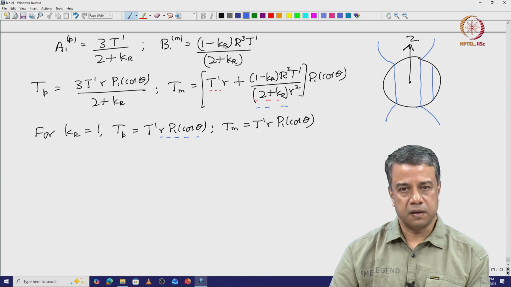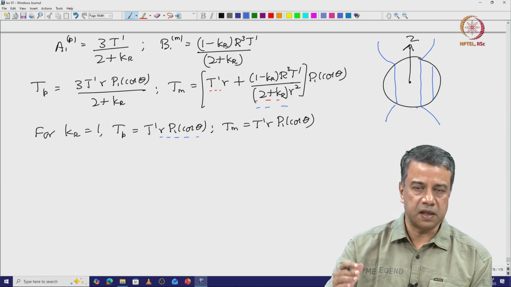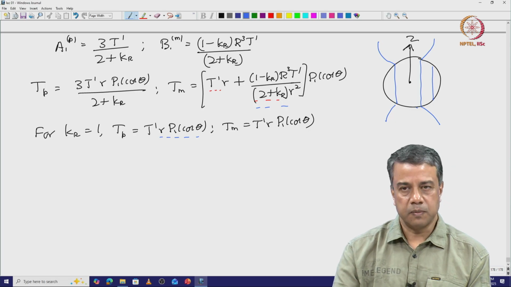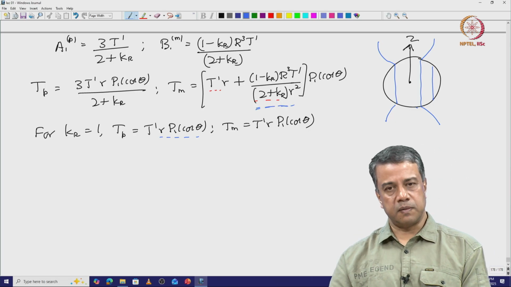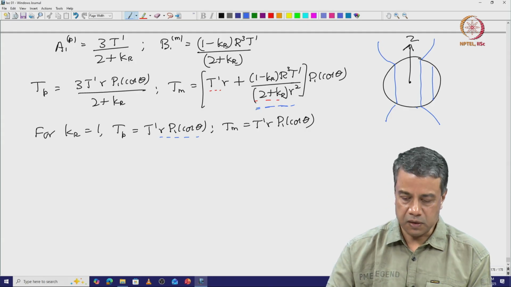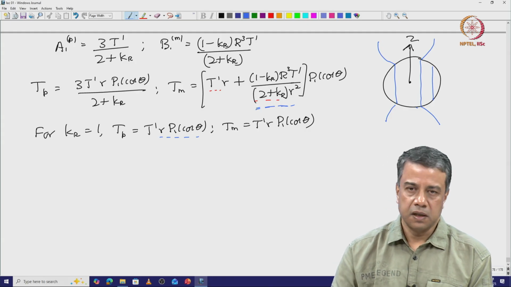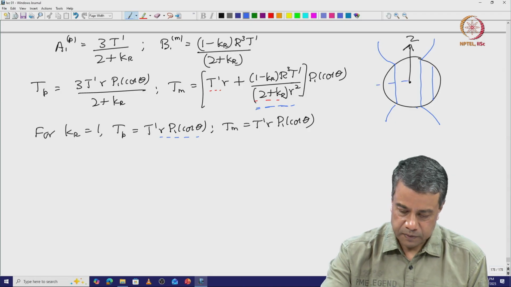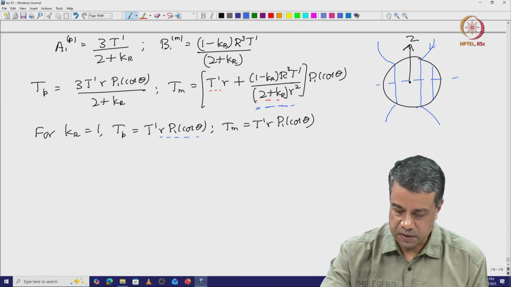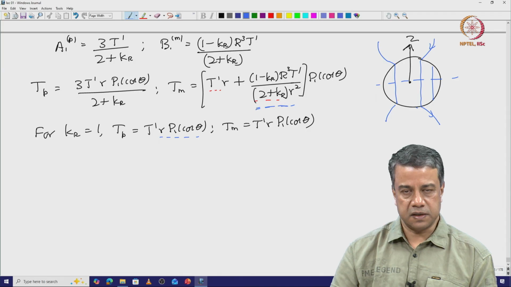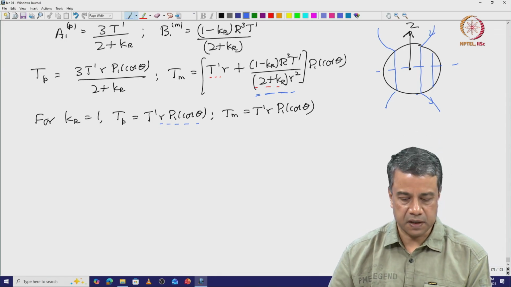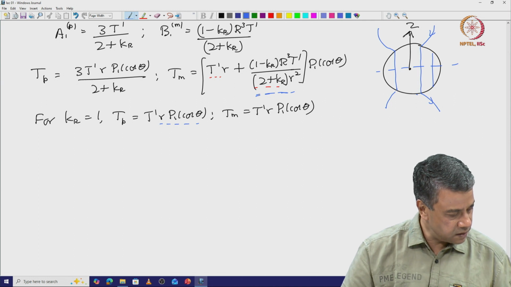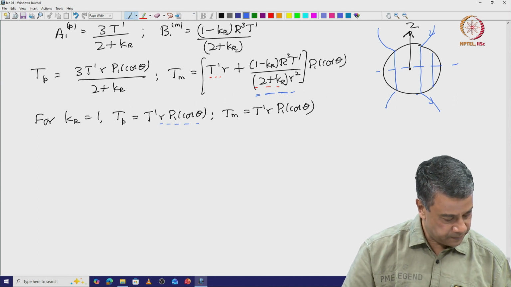It comes in for theta between 0 and pi, because this term is negative, and goes out for theta between pi and 2 pi, outward in the radial direction. In this direction the flux lines will come this way, and in the other direction they will come in the opposite way. And the opposite happens if K r is greater than 1. So, that is the final result for the temperature field.